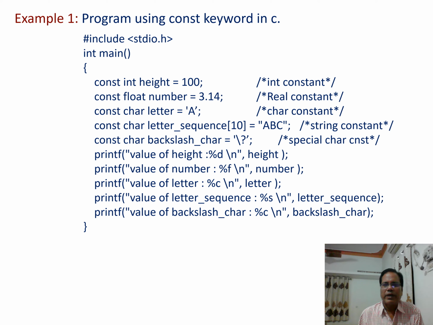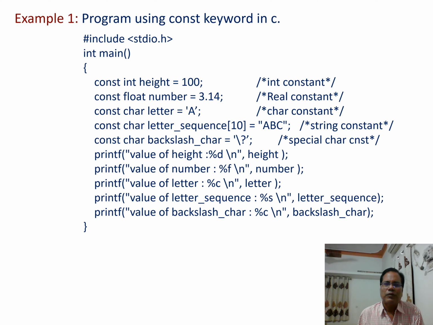The first statement defines and declares the integer constant height and assigns its value as 100. Here we are using lowercase names. Generally I told you that uppercase letters are used, but this is the custom, not a necessary condition.